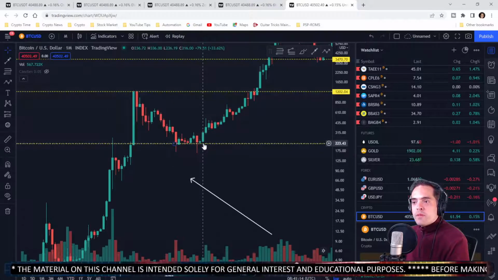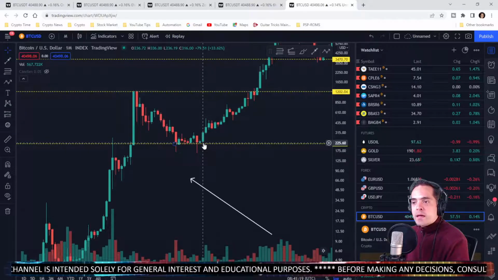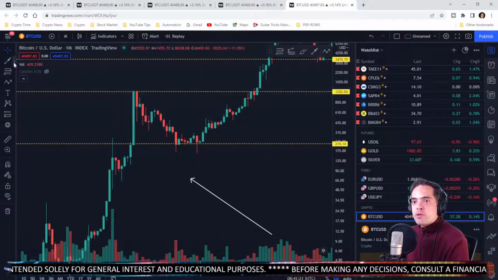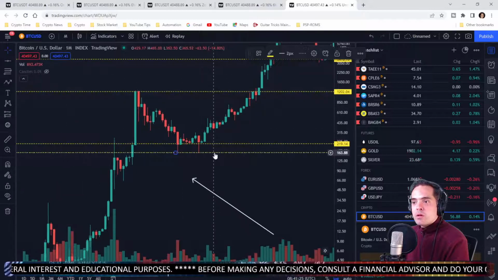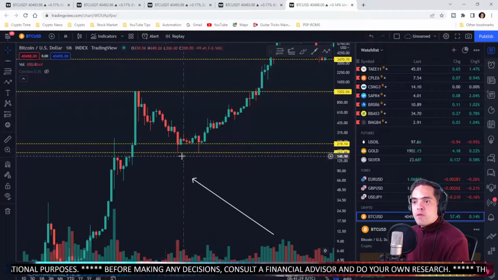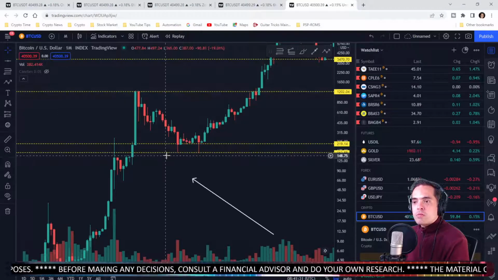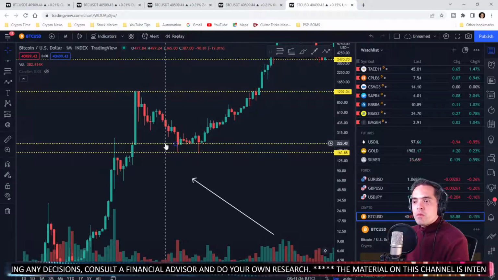Okay, so that means this support acts stronger than if we draw the same line here, because the first one is touched by about 4 candles, 4 months in this case, and the next one is touched by several, probably over 10.